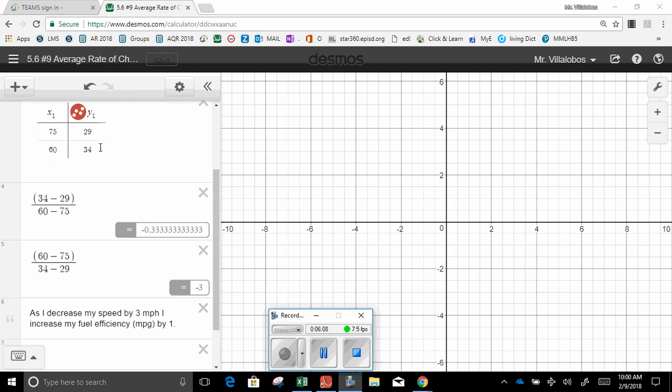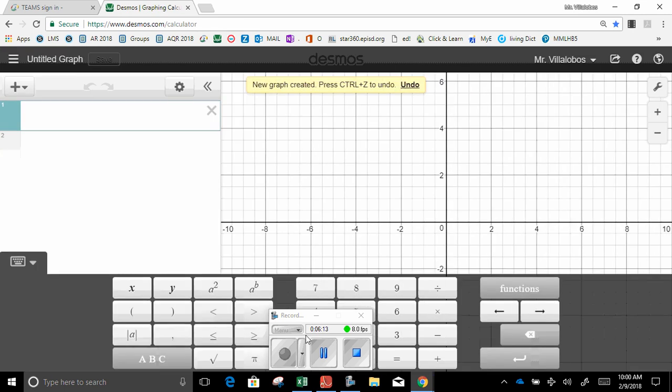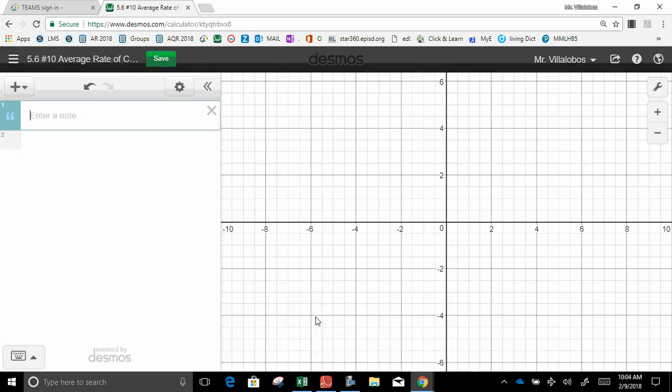And let's do another one. Find the average rate of change of y with respect to x between x equals -1 and x equals 2. That's A. And apparently I don't know how to spell between.